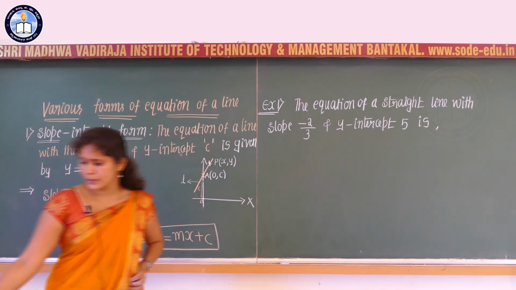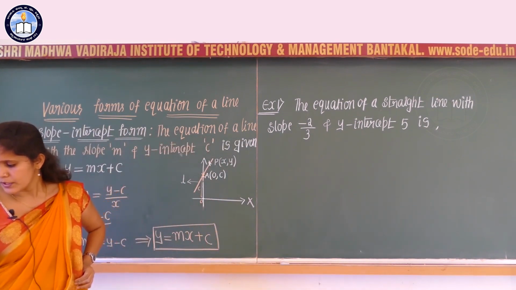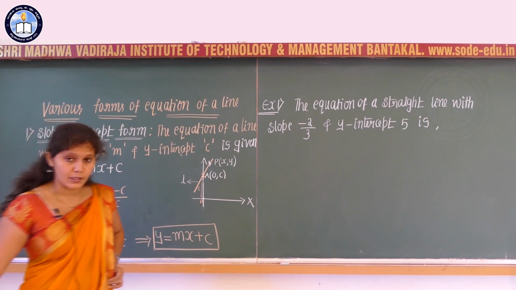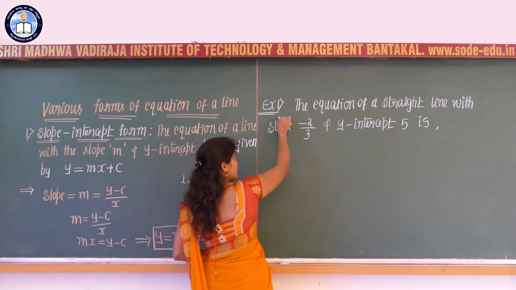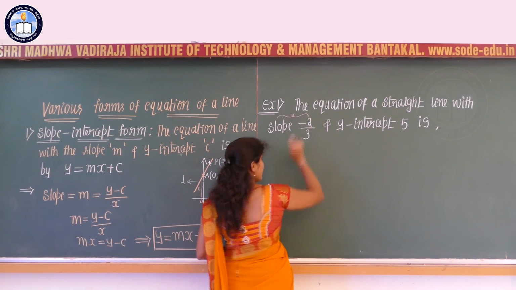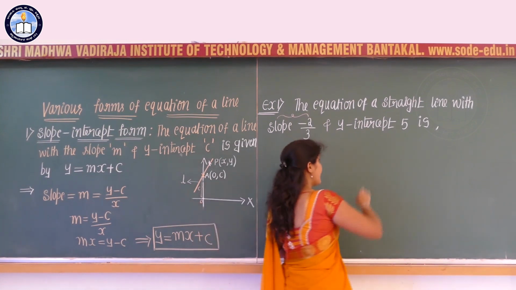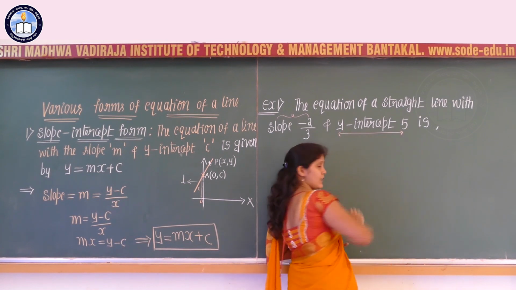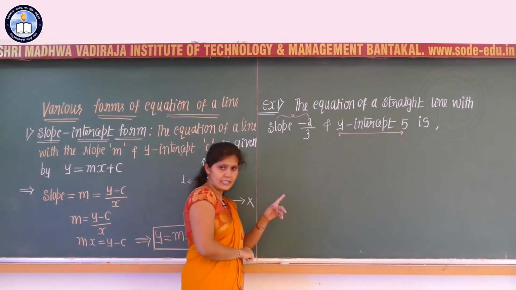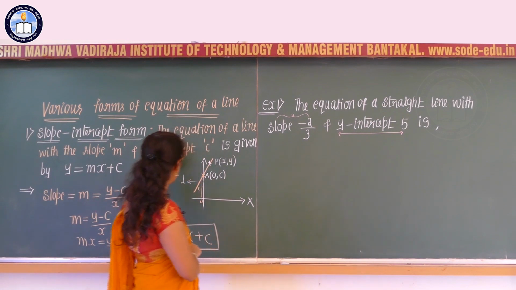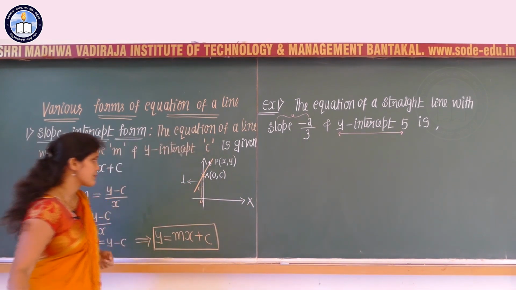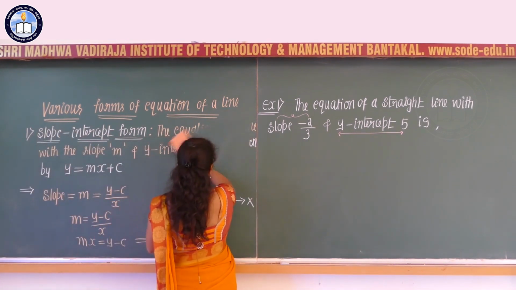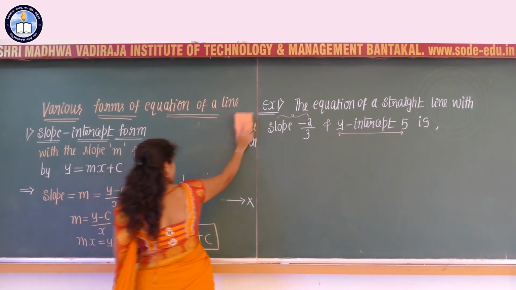First, we should be able to find out or verify what the given data is. What is the given data? The slope of the line is given, that is, the value of m is given, and the y-intercept is given. So, the y-intercept is nothing but 5. So, here I can consider the first formula, that is y is equal to mx plus c. Why can I consider the first formula y is equal to mx plus c?